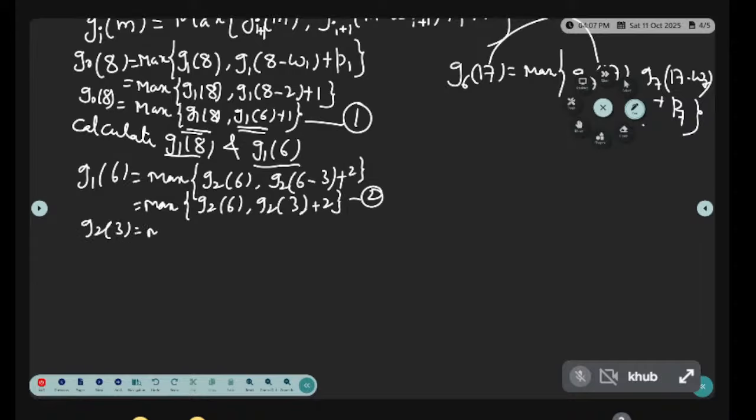G2 of 3 is equal to maximum of G3 of 3 comma G3 of 3 minus third item profit.